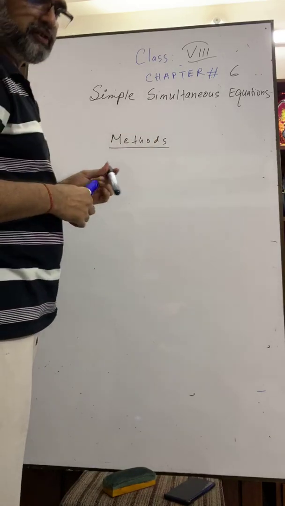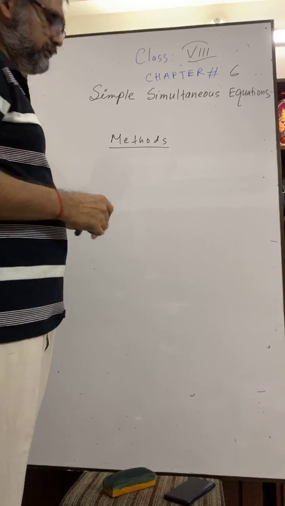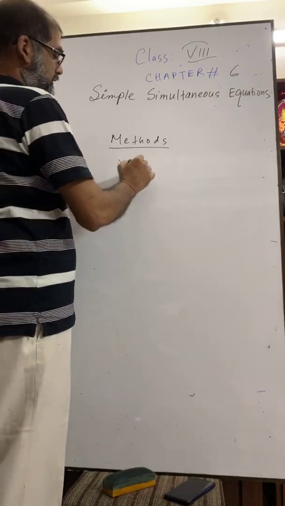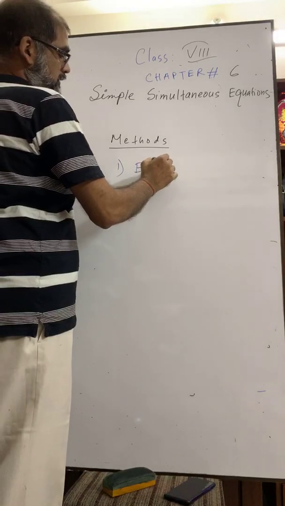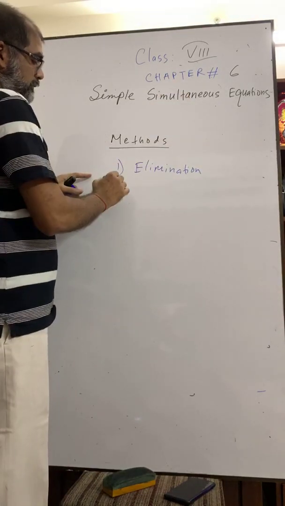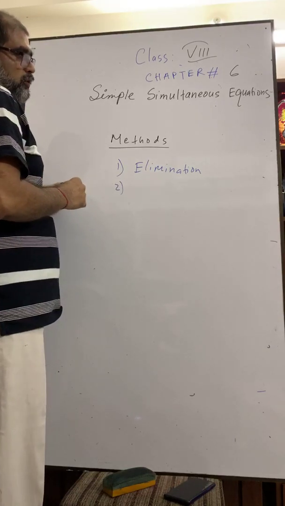Methods to solve simple simultaneous equations. You see, number 1 in your book, what is written? Number 2, what is written?